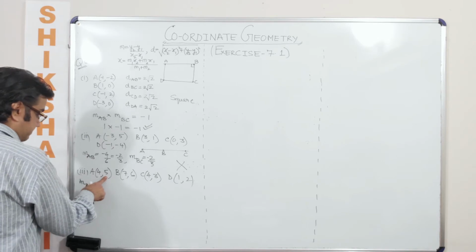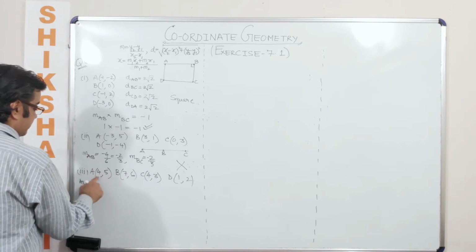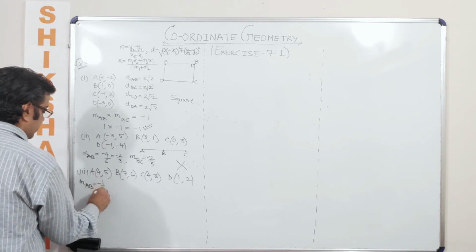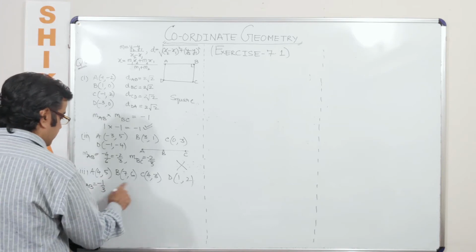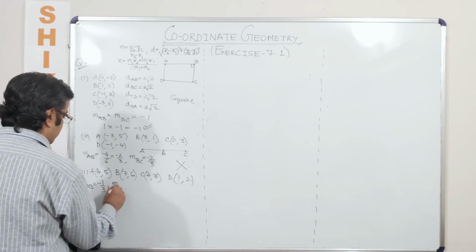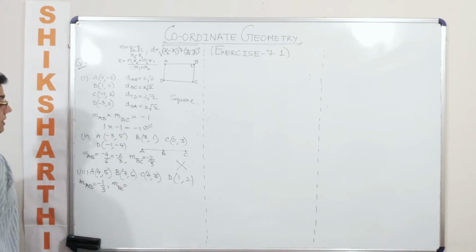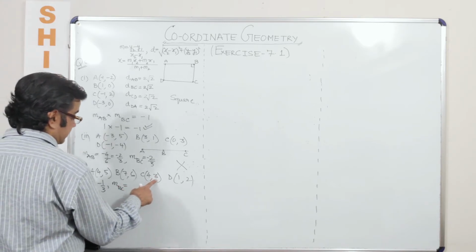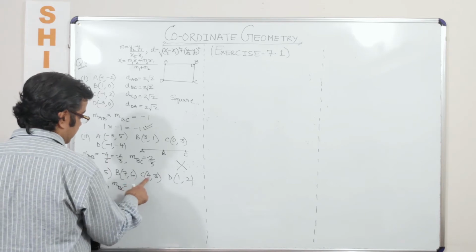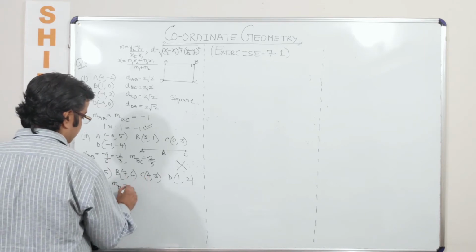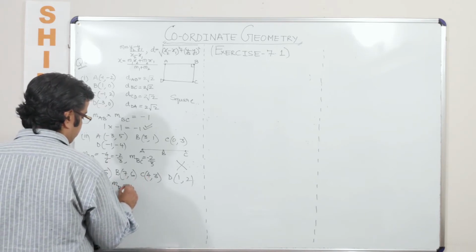6 minus 5, which is 1, divided by 7 minus 4, which is 1 by 3. Now the slope of BC: 3 minus 6 is minus 3 divided by 4 minus 7, which is minus 3, which is plus 1.